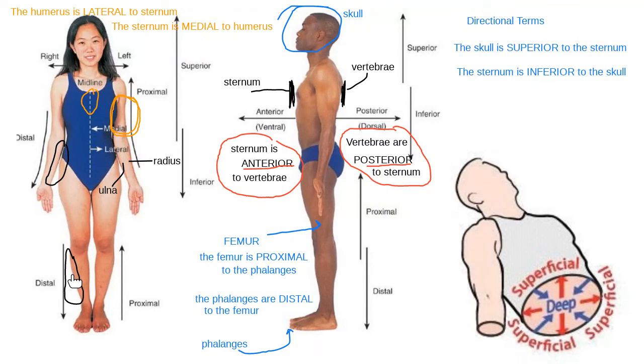So I'm comparing the ulna to the fibula, I'm going to say that the ulna is superior to the fibula. Or if I am comparing the fibula to the ulna, the fibula is inferior to the ulna.